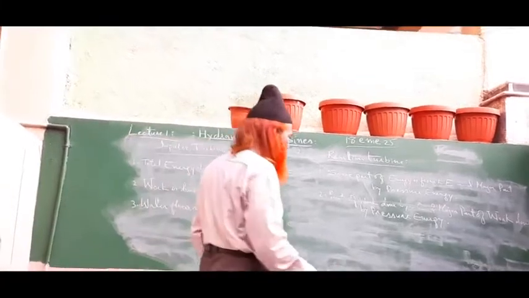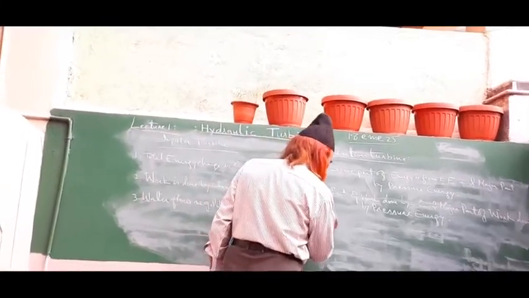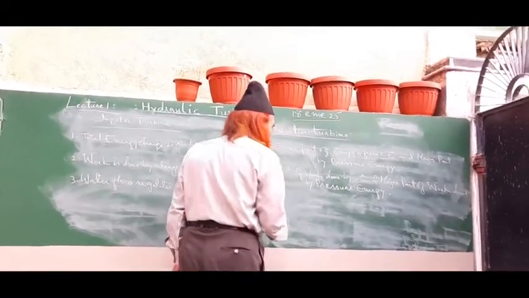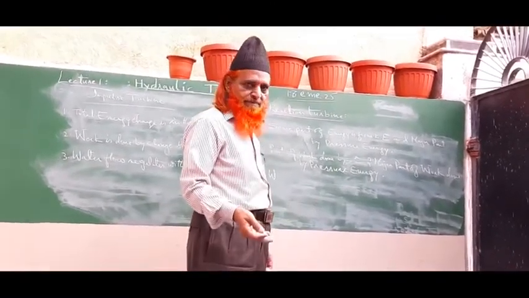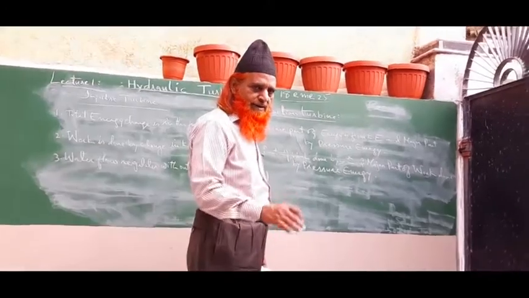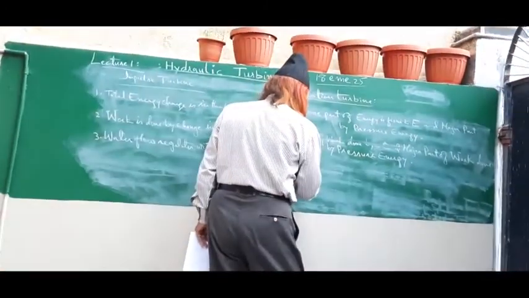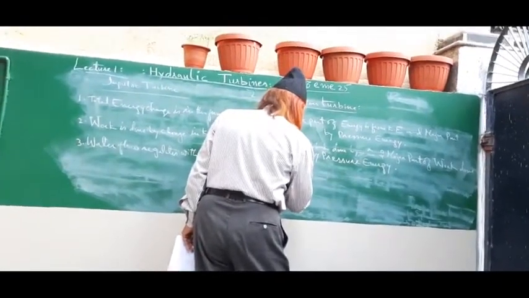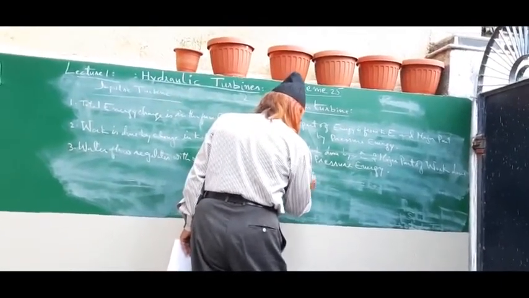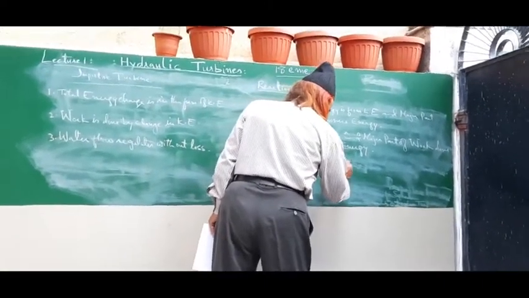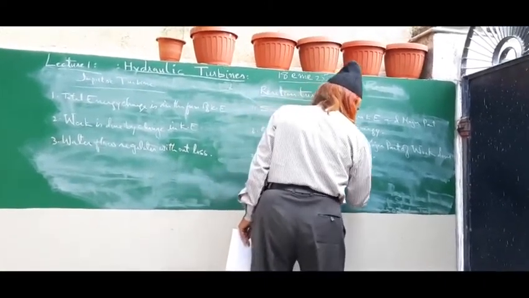Whereas in case of reaction turbine, of course, we can say the water flows with some loss, because there is supposed to be some back pressure, right? And with that only it can flow out. Therefore water flow regulates with loss.